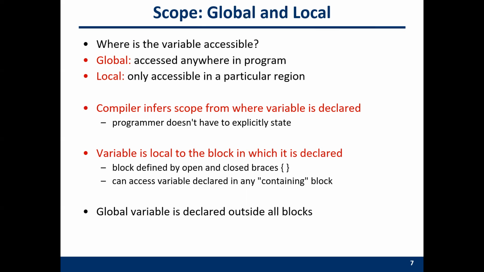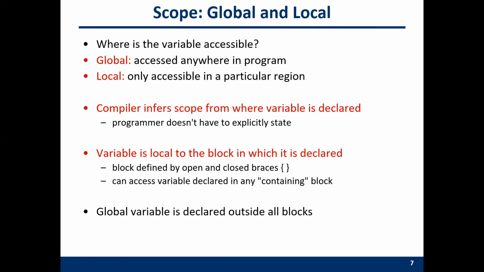So typically, the local variable is used inside functions. And you can only use that particular local variable inside that function. Outside of that function or outside of that region, that local variable cannot be accessed.